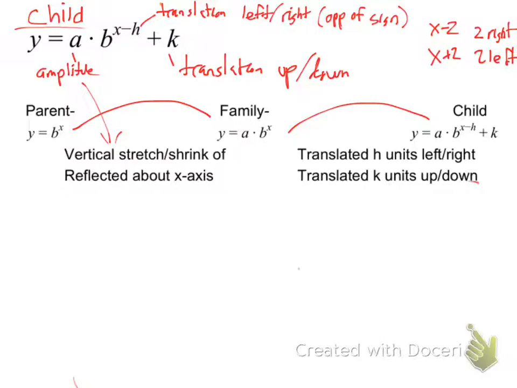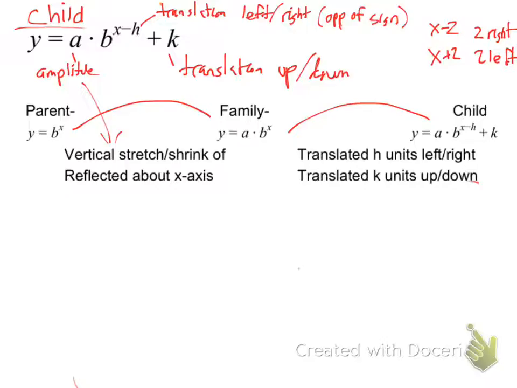A, guys, is not always going to be positive. It's not always going to be a 2 or a 3 or a half or a 1/3. It can be a negative 2. At this point, we're going to ignore the negative and look at 2 and say, is 2 bigger than 1? Yes. And if it's bigger than 1, it's going to be a stretch. If it's less than 1, it's going to be a shrink.